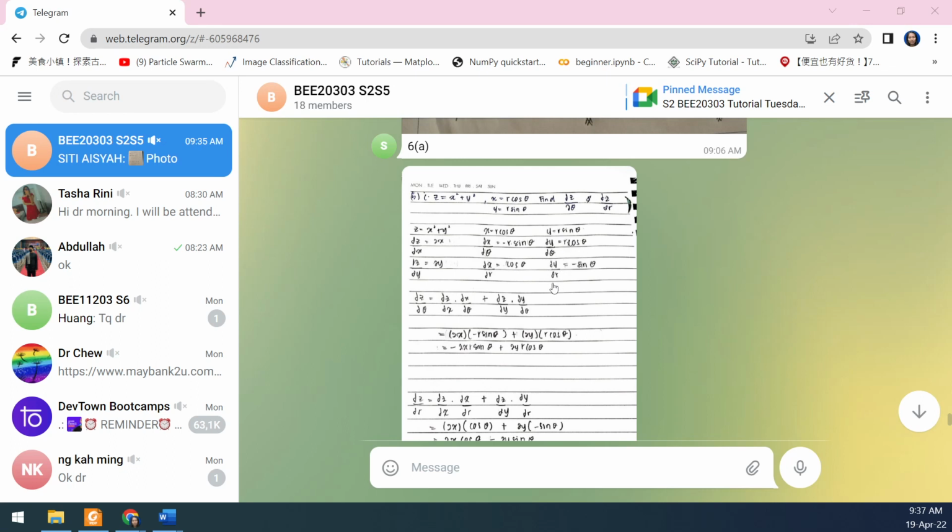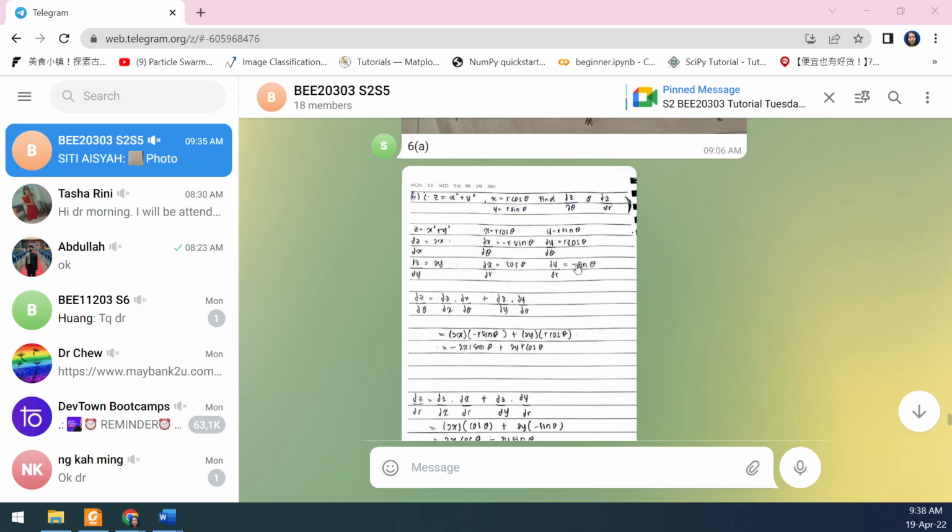Del y del r is only sin theta. Because you factor out sin theta when you differentiate with respect to r, and del r is 1. So this is positive sin theta.